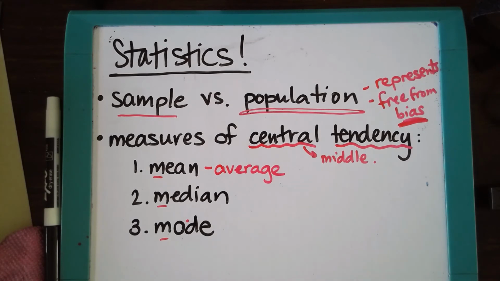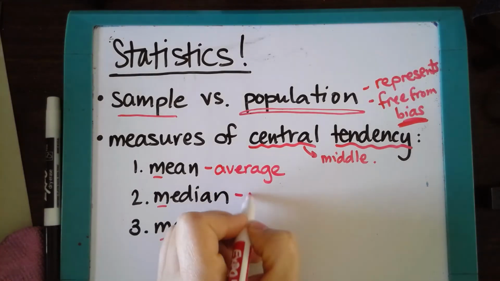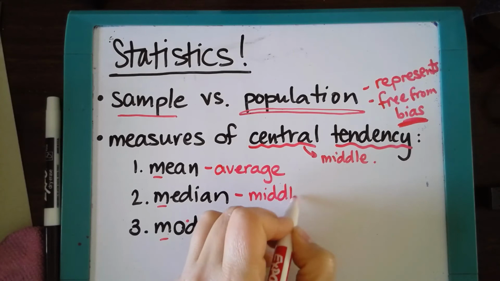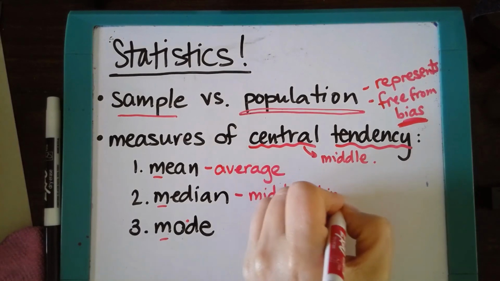So when we don't want to look at our mean score, we might look at our median score. The median is the middle. Median means middle. Think about a road: the median lane is the middle lane. So the median is the piece of data that's exactly in the middle of your data when it's in order.